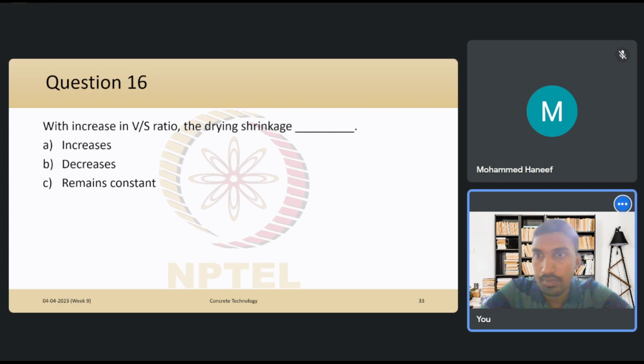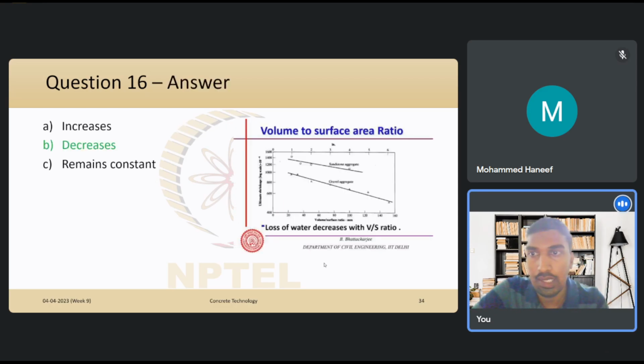Any answer? Okay, we have one vote for option B. So the right option is also B, that it decreases.